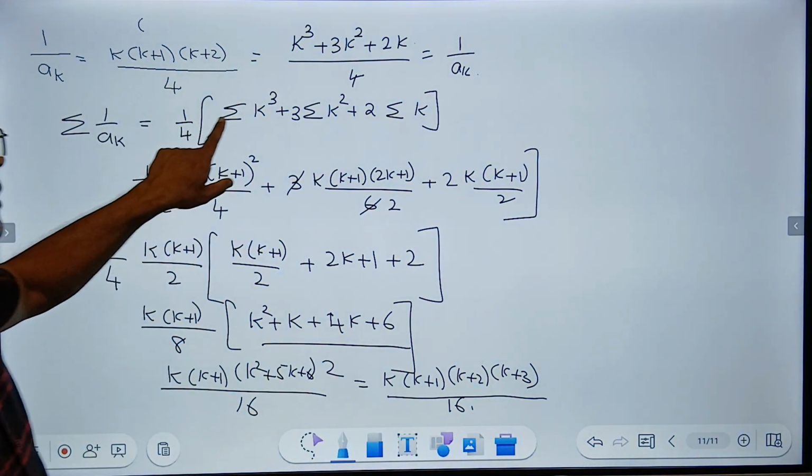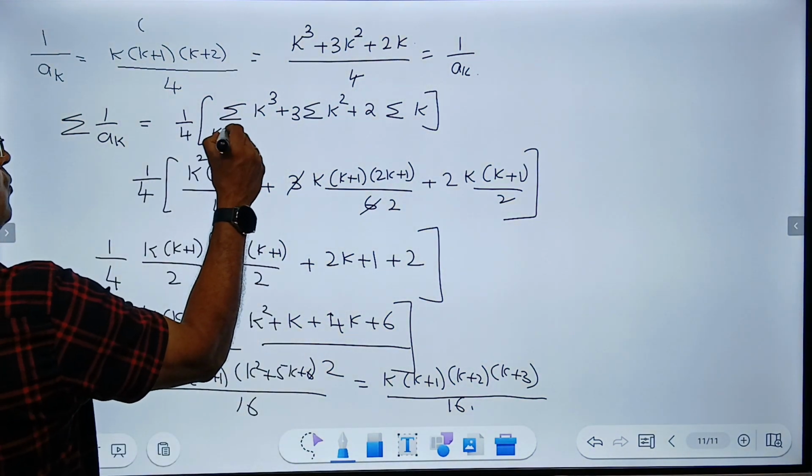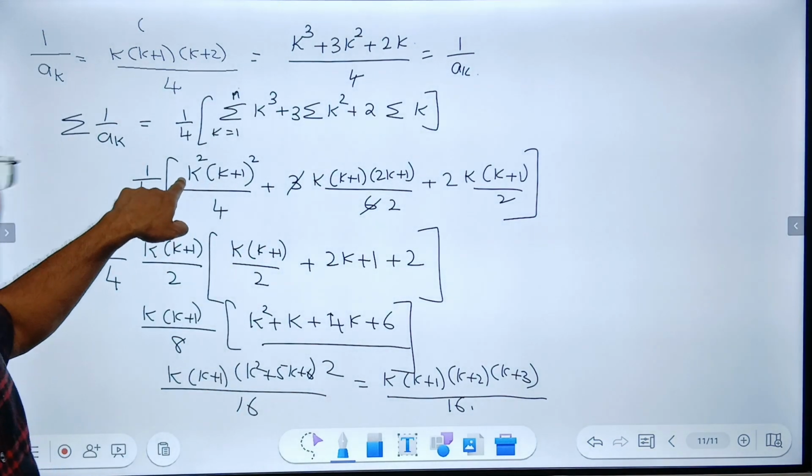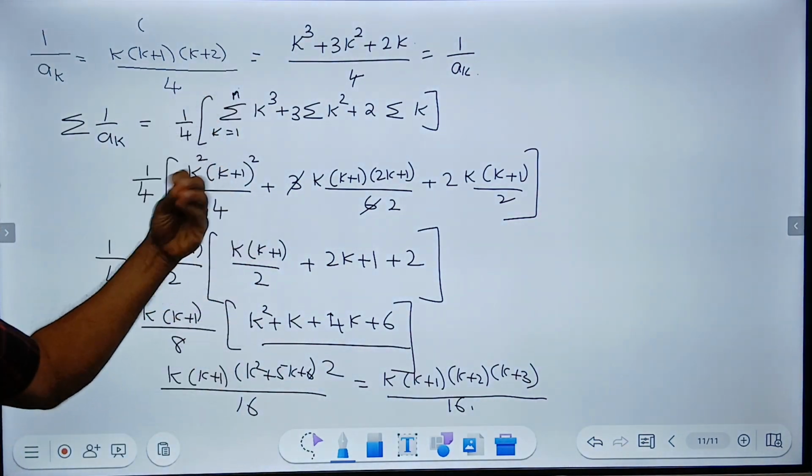Okay. Actually, it is k equal to 1 to n. It should have been n into, replace k by n. That's a small error.